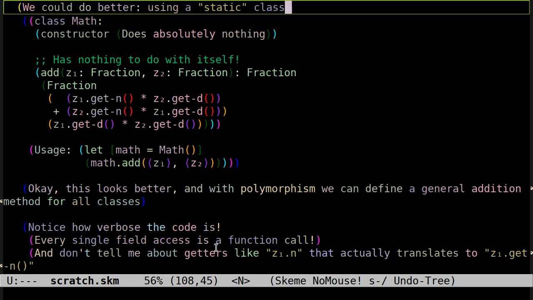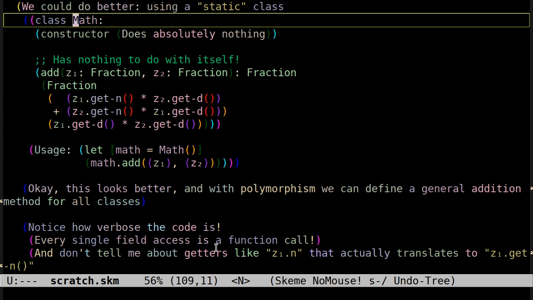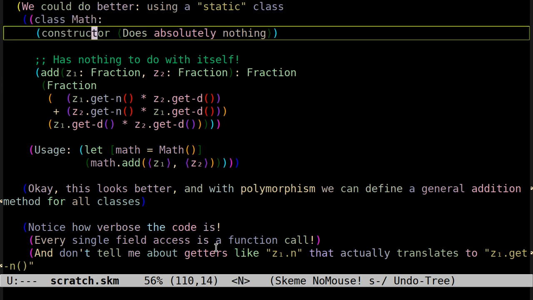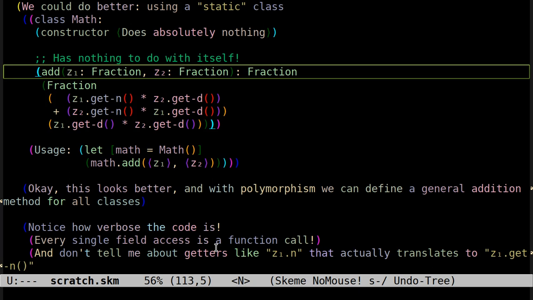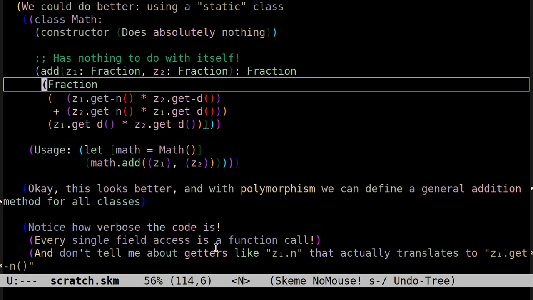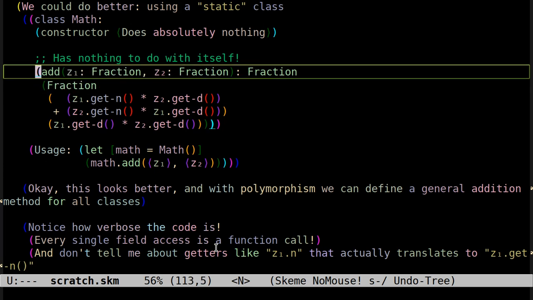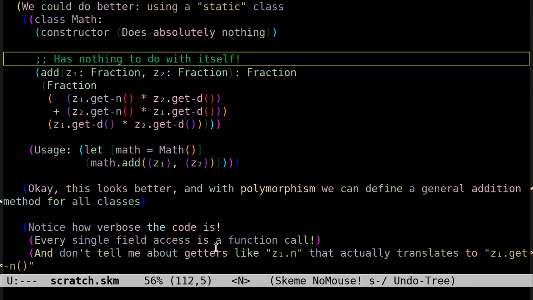We use a technique called a static class. So you make another class named Math. It has a constructor which does absolutely nothing. And here you have a method called add that is supposed to add two fractions, z1 and z2, and return another fraction. Okay, notice that the method has nothing to do with the class Math itself.